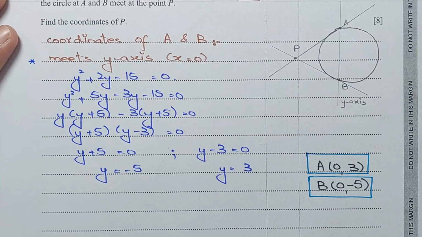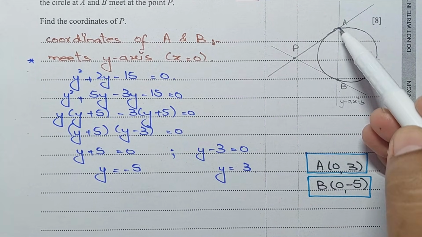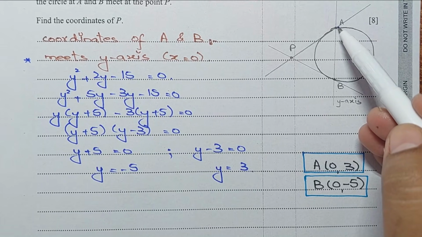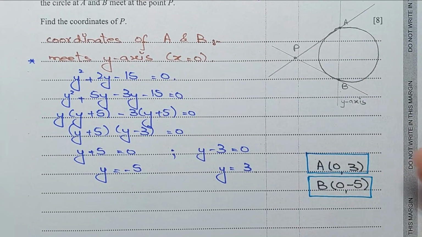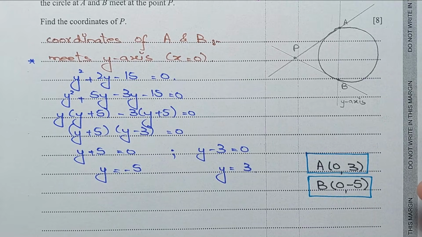Okay. Now, the next thing is to find the equation of the tangent at point A and then at point B. For the equation of a tangent, we need the point and we need the gradient, the slope. So how can we find the slope, the gradient?